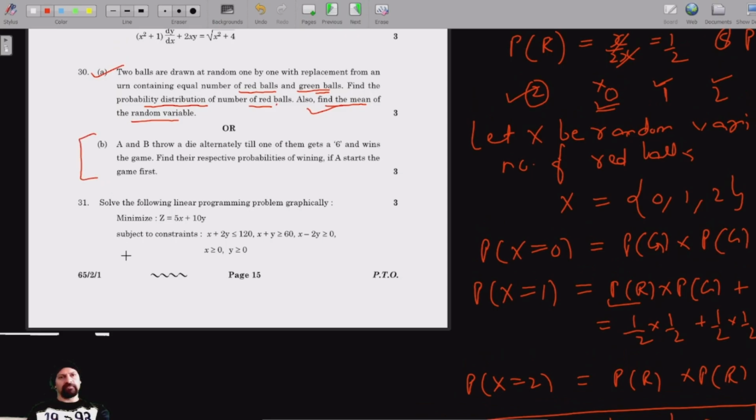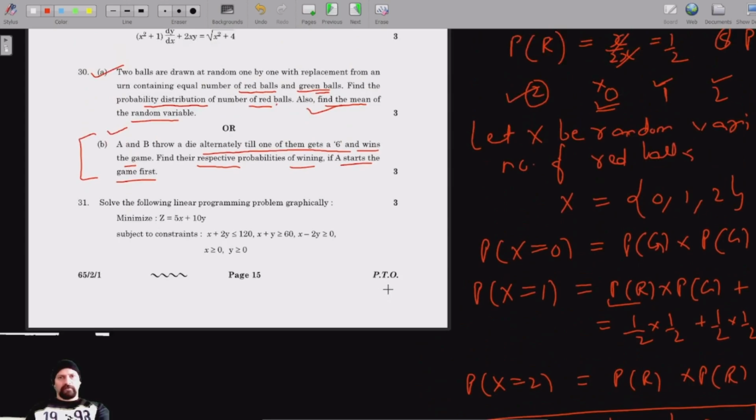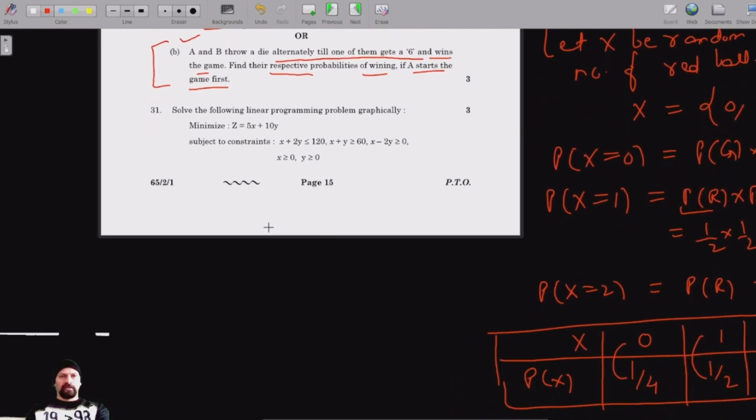It says that A and B throw a die alternately till one of them gets a 6 and wins the game. So getting a 6 will make that participant win the game. So we have to find the respective probabilities of winning if A starts the game first.